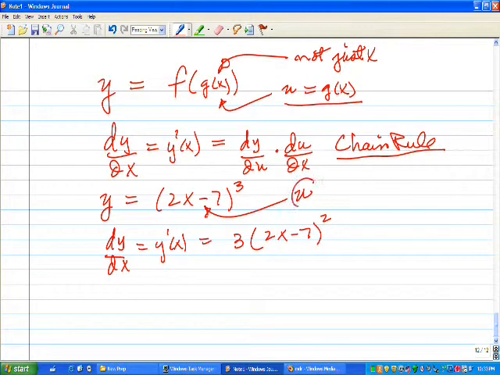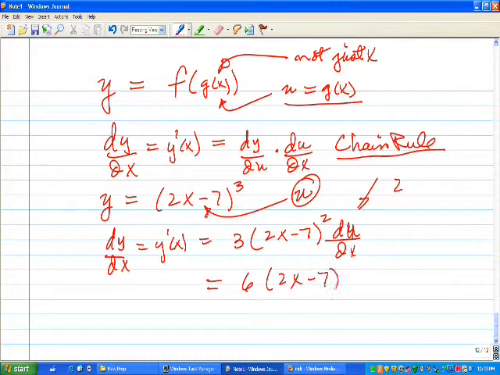But then we have to multiply by du/dx, which is 2. Simplifying this, we get 6 times 2x minus 7 squared. That's a very simple example.